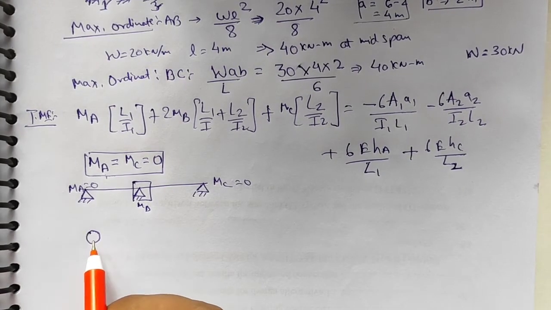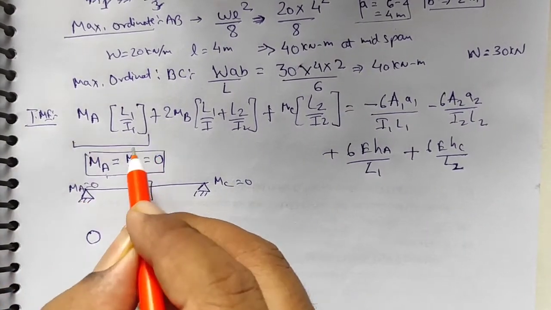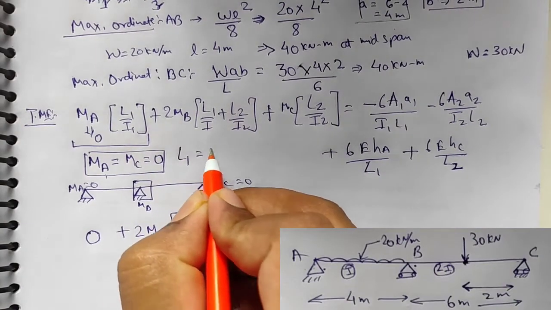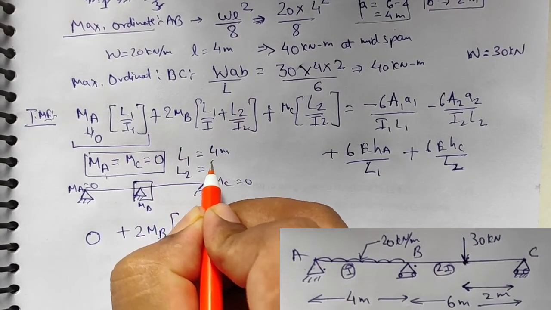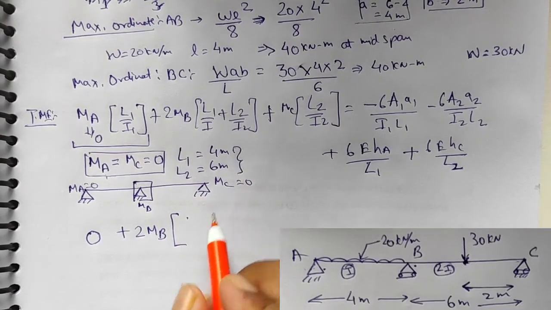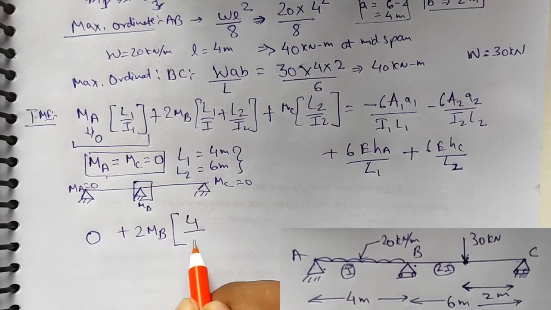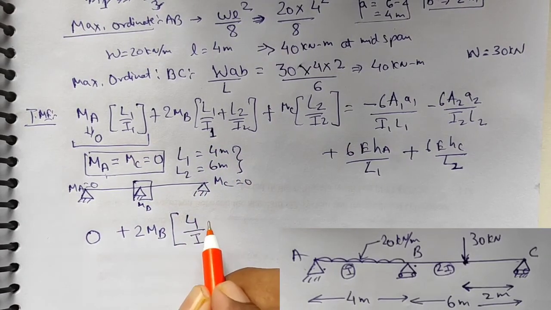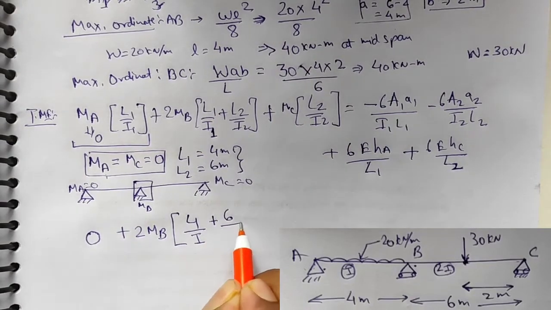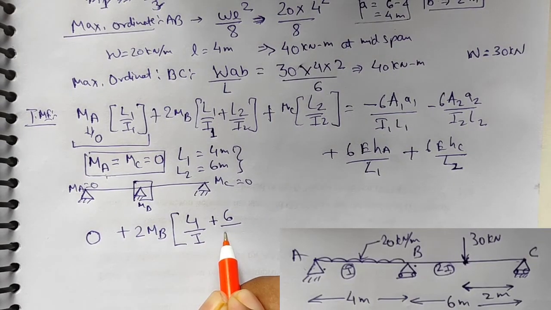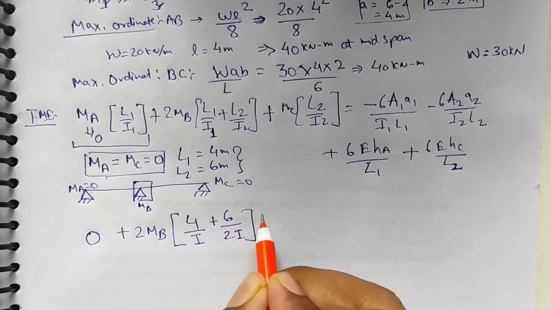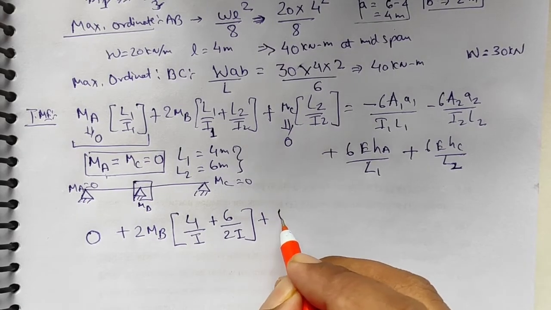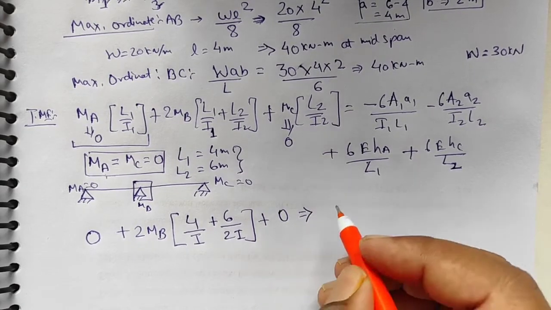The value of MA will be equal to 0, and L1 will be equal to 4 meter and L2 will be equal to 6 meter as given in the question. The value of I1 will be I, and as per the given question the value of I2 will be 2I. MC will be equal to 0, as it is the end support. So this complete value will be equal to 0.